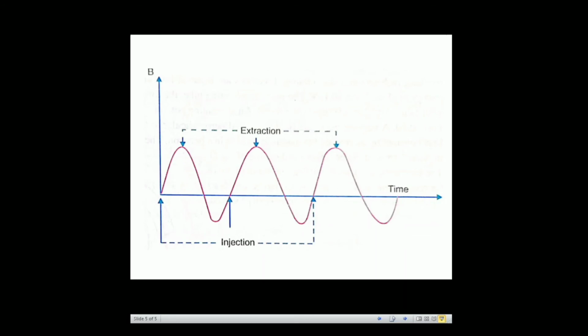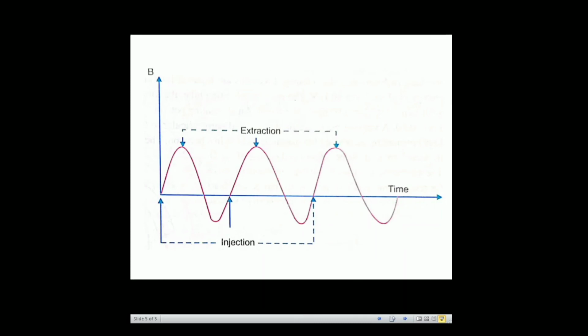At these points, the electrons are ejected out, deflected from their orbit, and made to hit their targets. If the electrons are allowed to stay in the chamber beyond this point, the rate of change of flux becomes negative, meaning the flux starts decreasing and the EMF is induced in the opposite direction, which will retard the electrons.